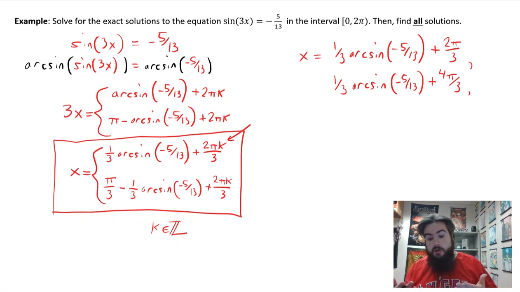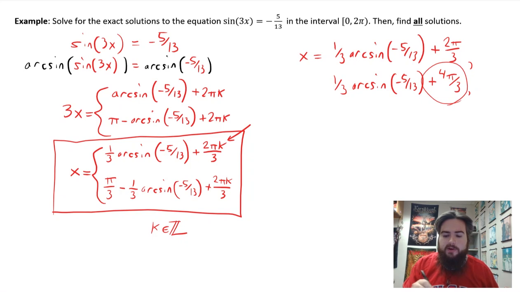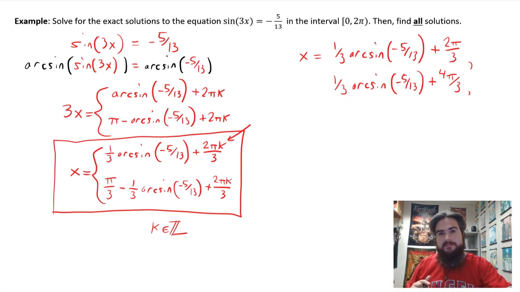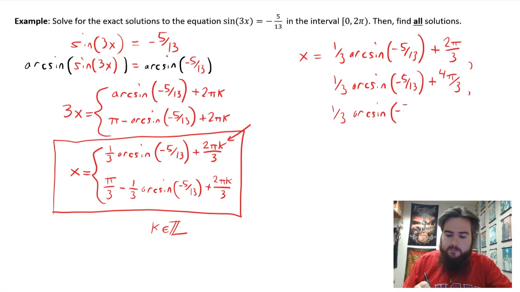This I also know is going to fit between 0 to 2 pi because this is 4 pi thirds minus a small angle measure. So I know 4 pi thirds is between 0 to 2 pi. If I decrease it a little bit, that's still between 0 and 2 pi. And if I do that again and add another instance of 2 pi thirds, which will be 6 pi thirds, otherwise known as 2 pi.